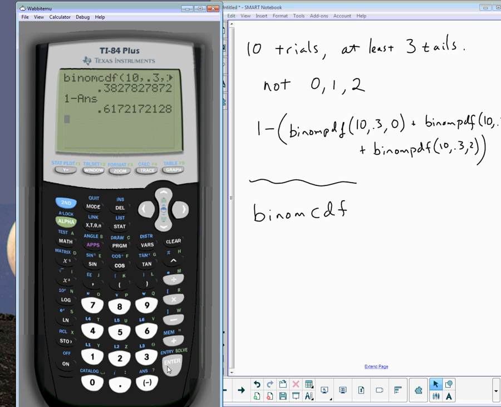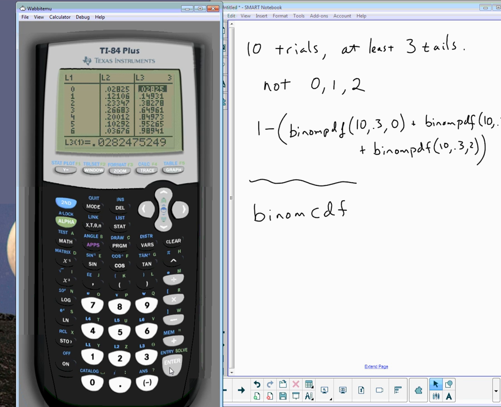And that's the same value that we got earlier, I hope. So it's 10, 0.3. We did 10 trials, the odds are 0.3, and it's up to 2. Okay? And there it is. That same value. Because we were looking for at least 3 heads, right?